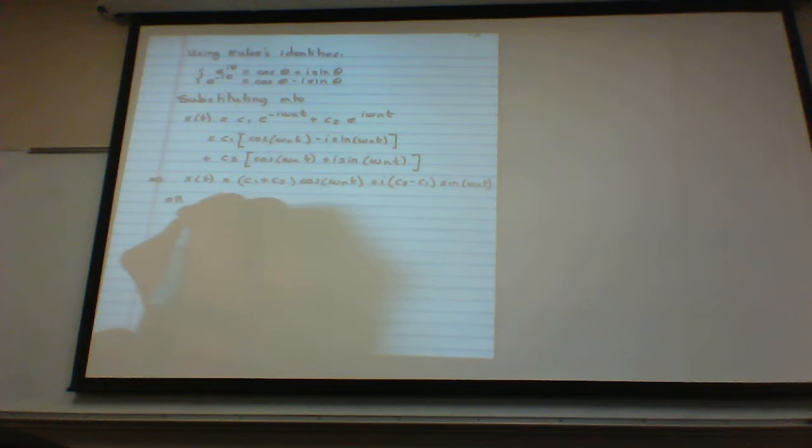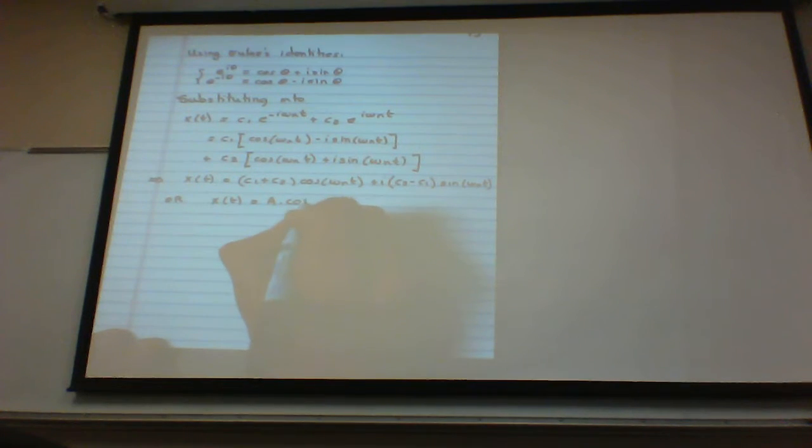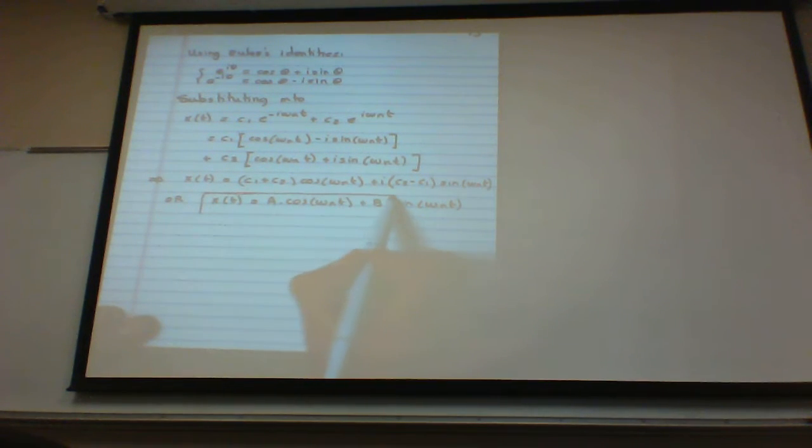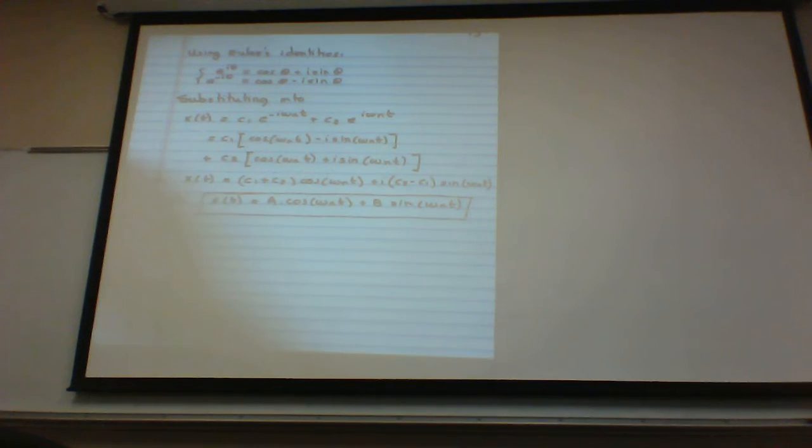Or, this is generally the way it's written, A cosine omega n t plus B sine omega n t, where A would be equal to what?